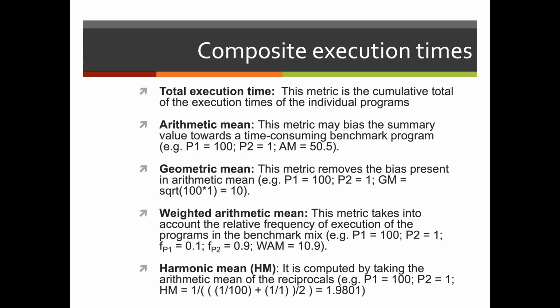And then you also have a harmonic mean, which is going to be another composite metric, and it's going to be calculated by computing the arithmetic mean of appropriate reciprocals. And so this can help with any bias towards high values that might be present in the arithmetic mean.